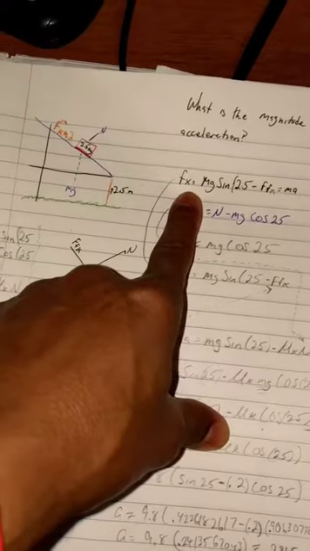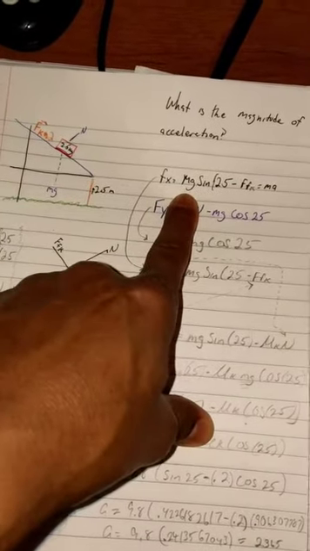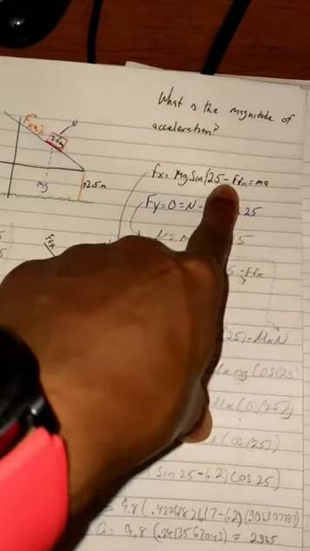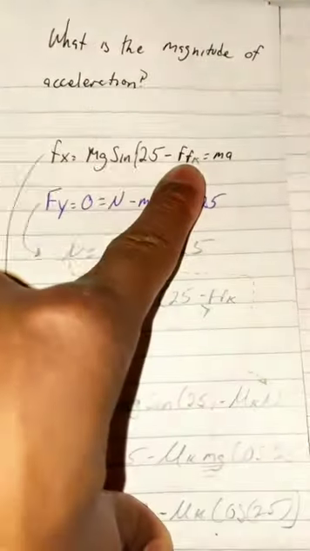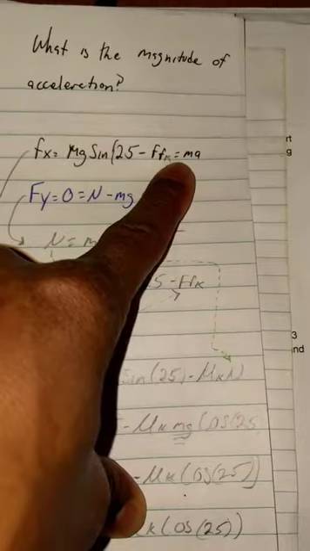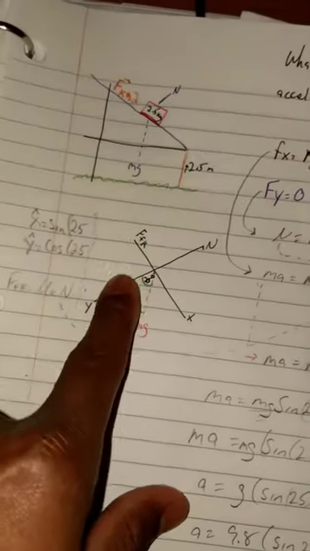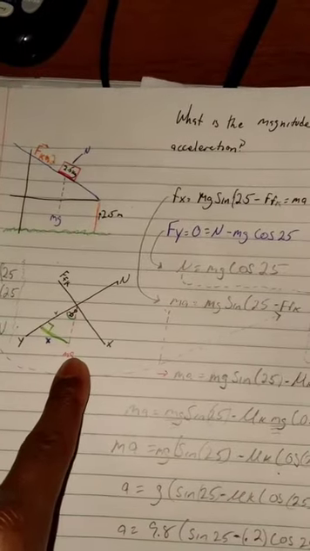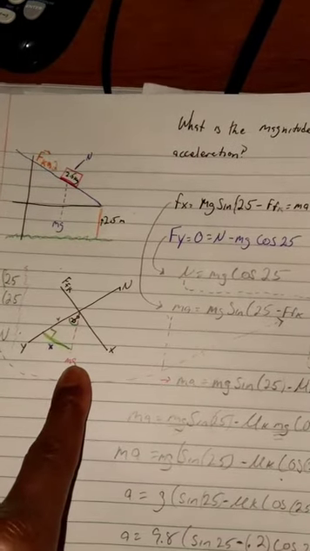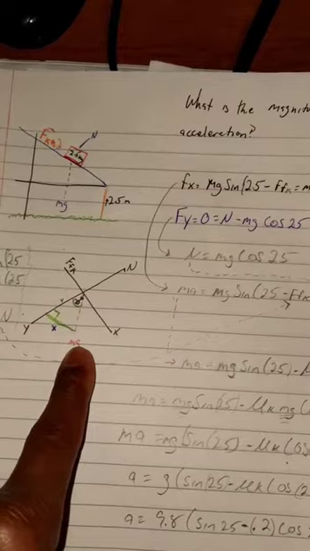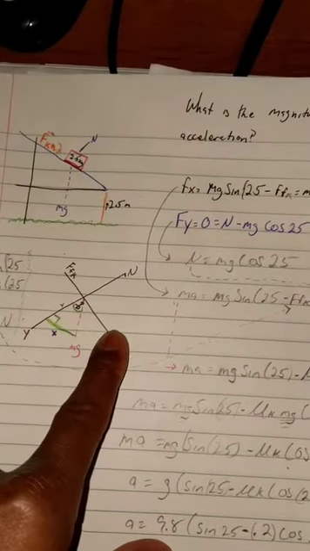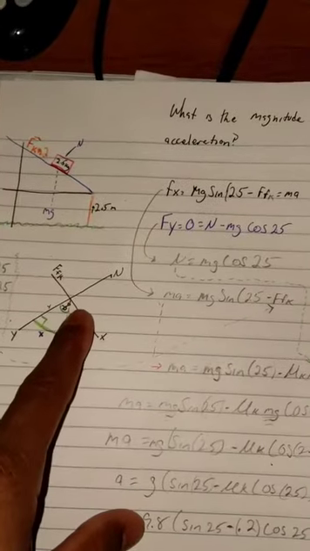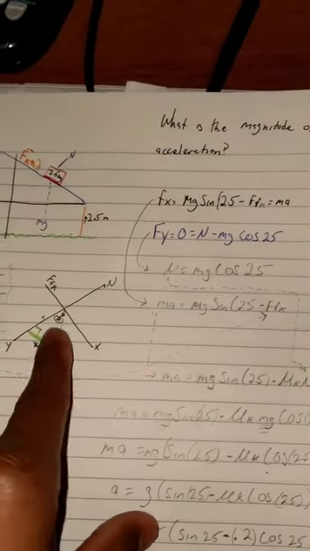So my F of x is mass times gravity sine 25 minus the kinetic force of friction equals mass times acceleration. Of course, mass times gravity sine for my x, minus the friction, equals mass times acceleration.